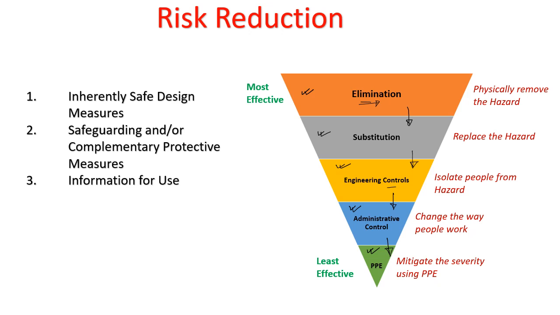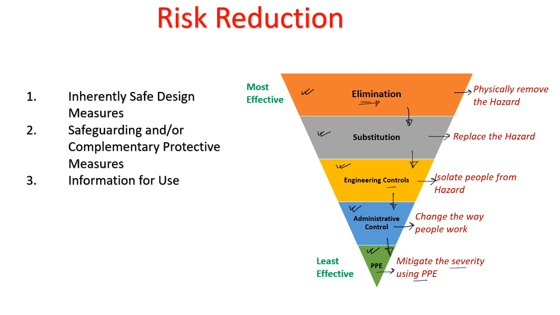Even if the acid spills on the hand, the hand can be saved by the PPE. So elimination physically removes the hazard, substitution replaces the hazard, engineering control isolates the people from the hazard, administrative control changes the way people work, and PPE mitigates the severity of the hazard.